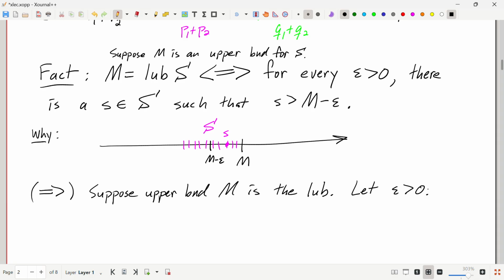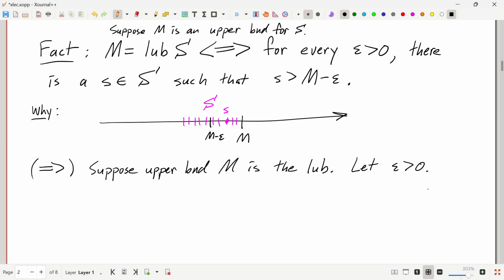So how am I going to do that? Ideas? Using the words. Well, my picture there makes it obvious to me that M minus epsilon is less than M.